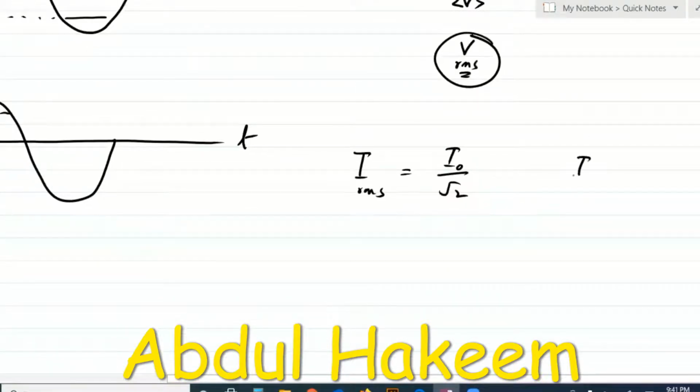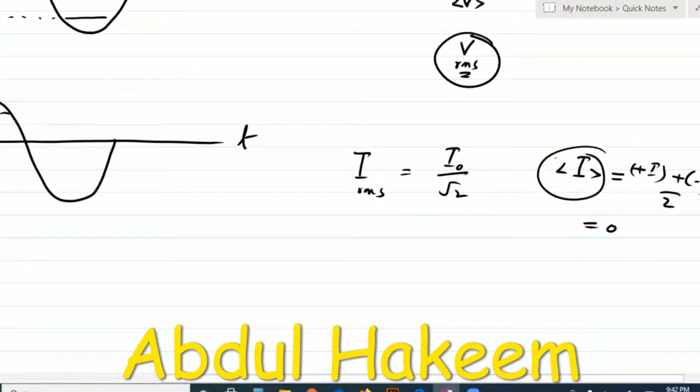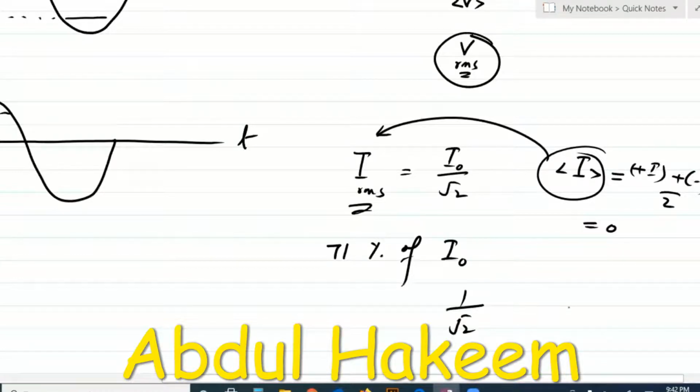We can't calculate the average current in the AC because it becomes plus I plus minus I divided by 2, so the answer is 0. So instead of the average, we use RMS, which is 71% of the peak current, because 1 over under root 2 is 0.707.